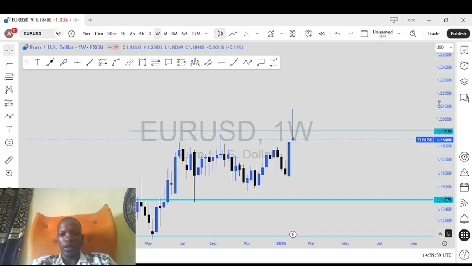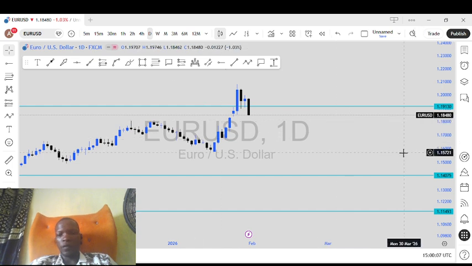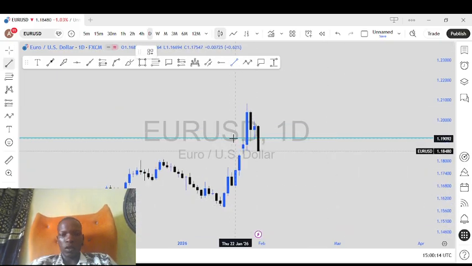On this weekly time frame, it's still all the same. So we want to check where we want to enter the market from. Daily time frame closed as a contraction, bearish below the candle, the supply, the bearish candle.